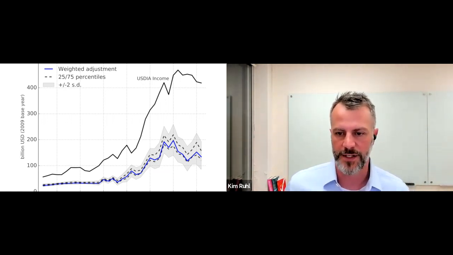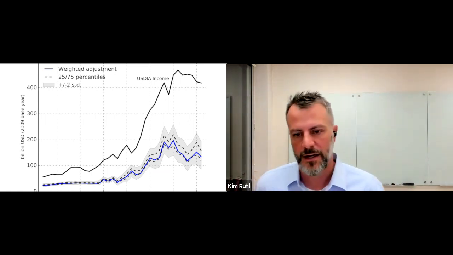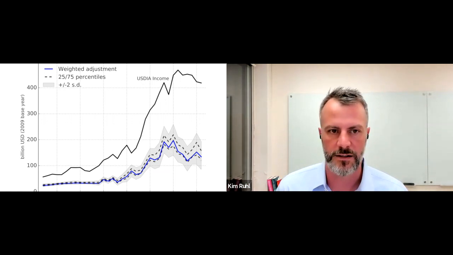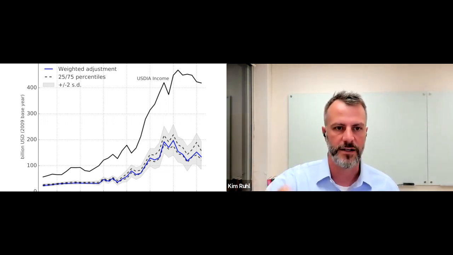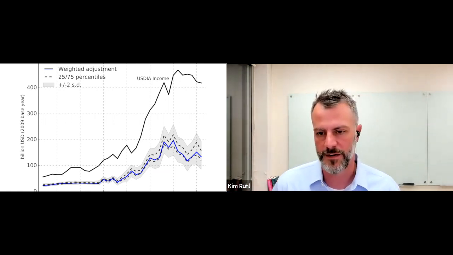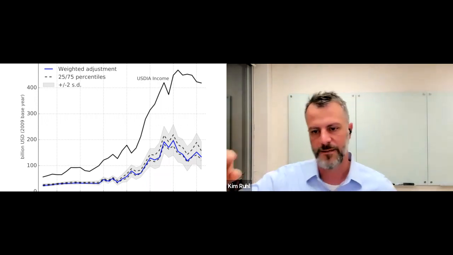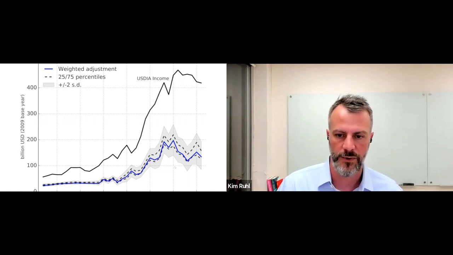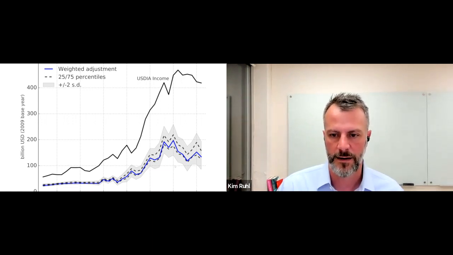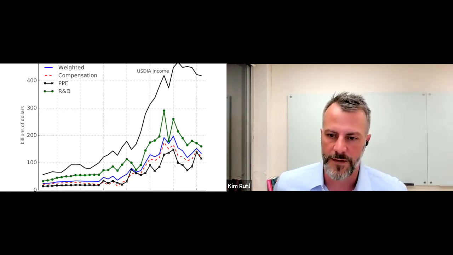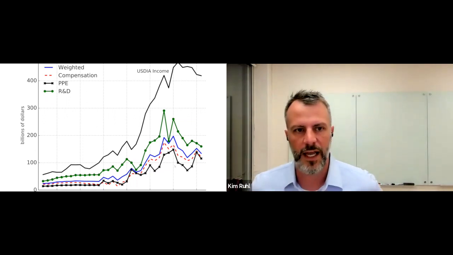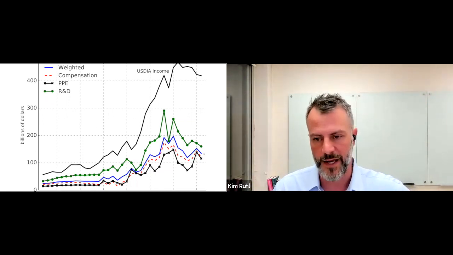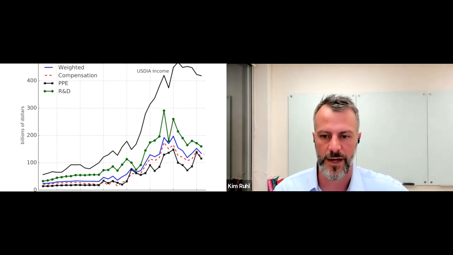And then this, just to give you a sense of the variability of this, the two black dashed lines are the 25 and 75th percentiles, and then the gray band is the plus and minus 2 standard deviation band. So there's some variation around this, but this is pretty well estimated. Here's each one of the components separately. So again, the blue line is the weighted measurement, where I take into account all three of the measures.